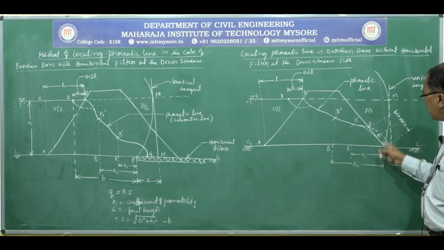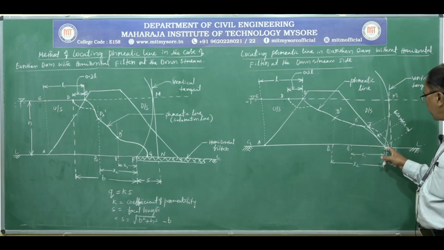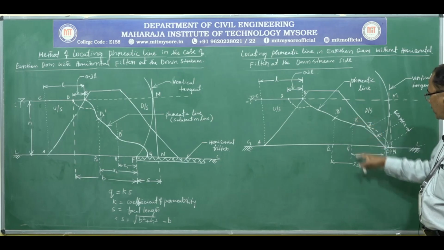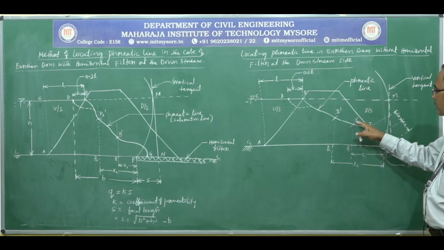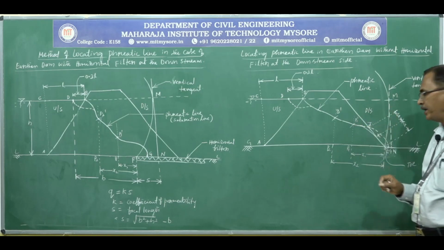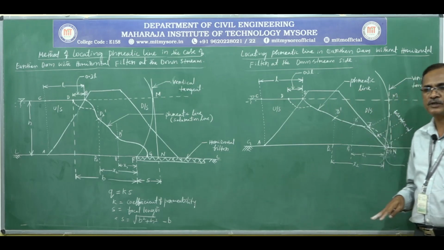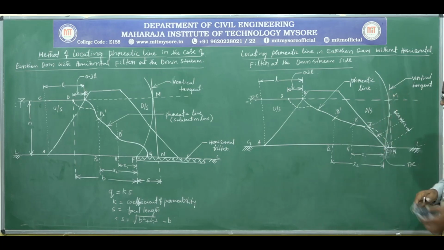For that, select any arbitrary point, say P1, at a distance x1 from F. Drop a perpendicular at point P1, and with F as center, FP1 as radius, cut an arc, that is P1 dash, one intermediate point. Likewise, we can locate any number of intermediate points on the phreatic line in order to obtain a smooth curve.